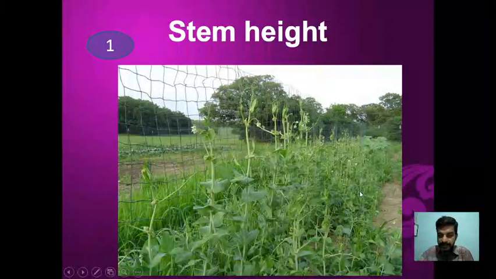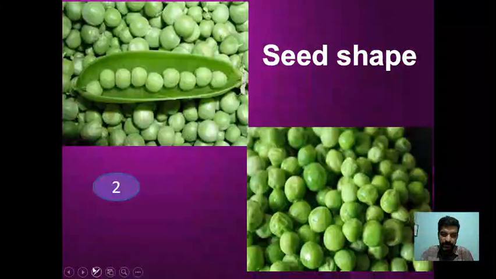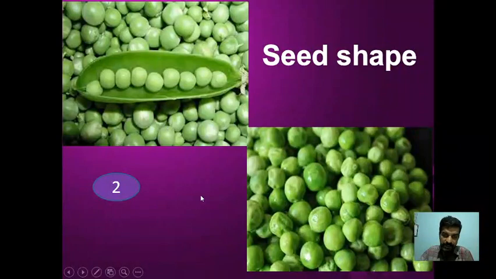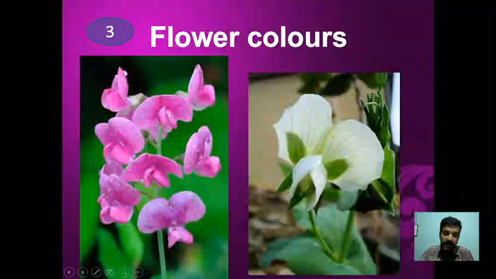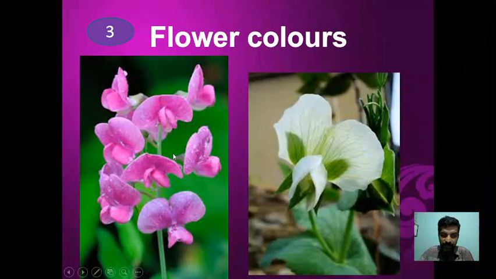Next, if you take the other trait, seed shape, you can see the round shape and here the wrinkled shape. That means they are not smooth. That is another seed shape. Another example is flower color. He found that two contrasting flower colors are there, the violet flowers and the white flowers.